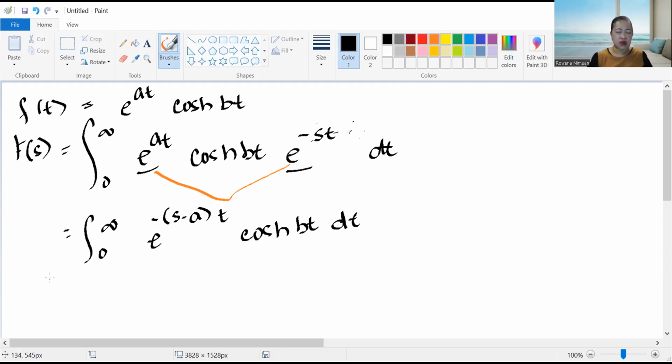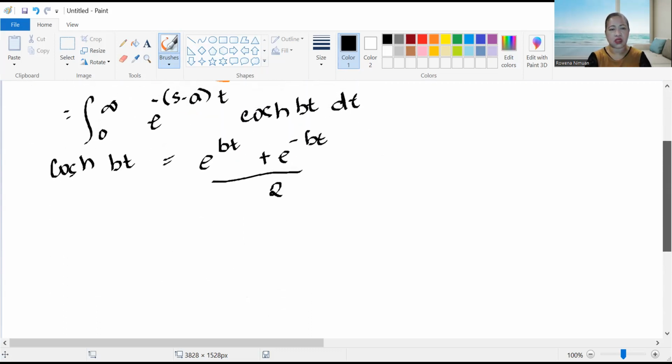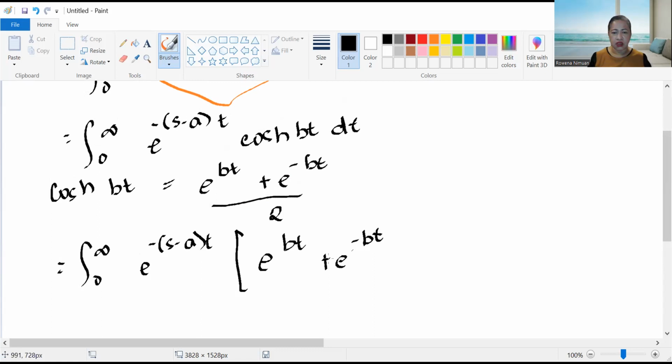Then if I use the conversion factor for hyperbolic cosine of bt as e to the bt plus e to the negative bt over 2, then I have the integral from 0 to infinity of e to the negative s minus a t, multiplied by e to the bt plus e to the negative bt over 2, dt.